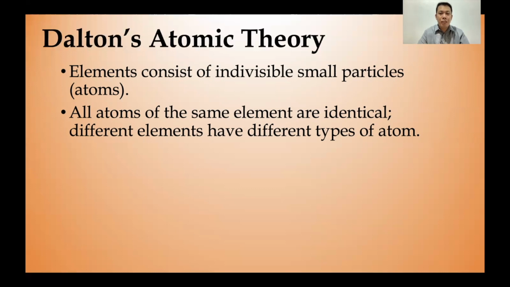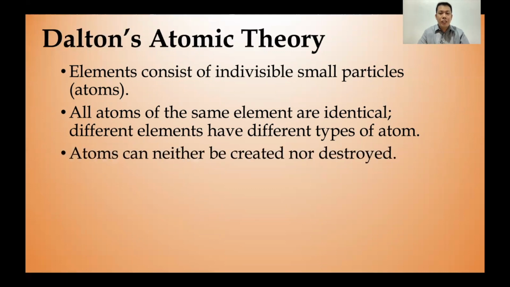So that means different elements have different types of atoms. Third assumption, atoms can neither be created nor destroyed, in the same manner that we cannot create nor destroy matter or energy.